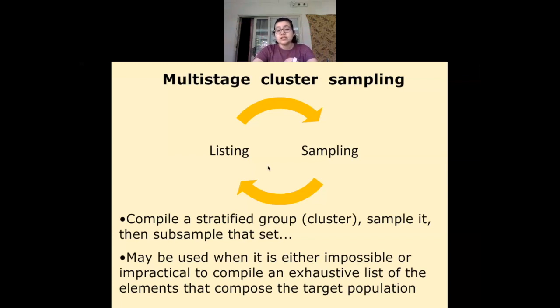And so this is when it's sort of impossible for you to develop a list of everyone in a specific population. So like the entire US population, that's hard to develop a list from. This is used when it's hard to develop an exhaustive list.